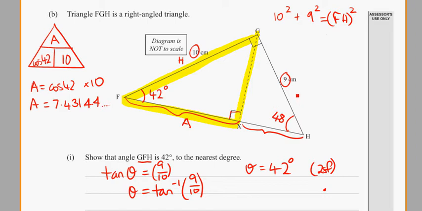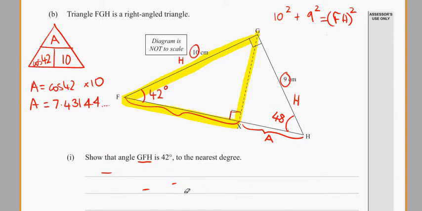So using this one I've got H, and once again this is another A. We've already used A. Perhaps I'll erase that, so I can call this one A now. Right, and we're using the smaller right angle triangle. So also erasing this so we don't get confused in that question.